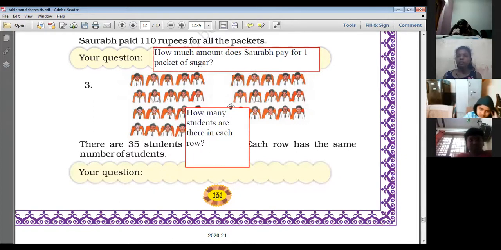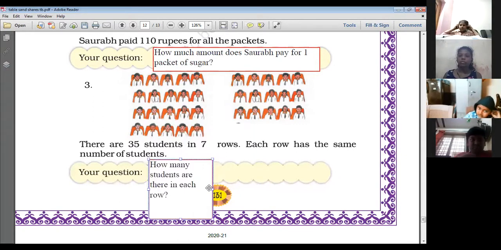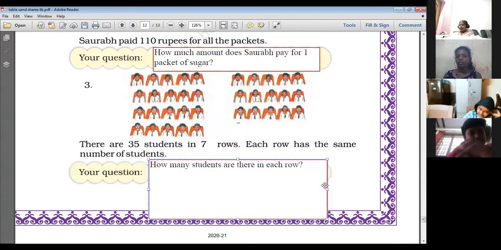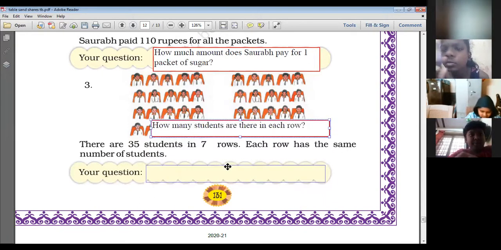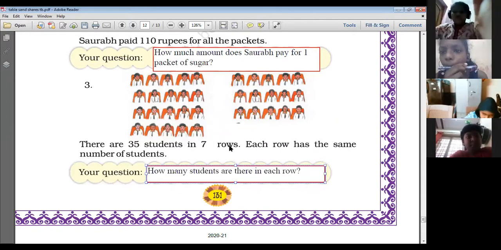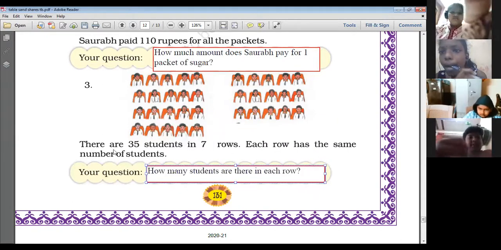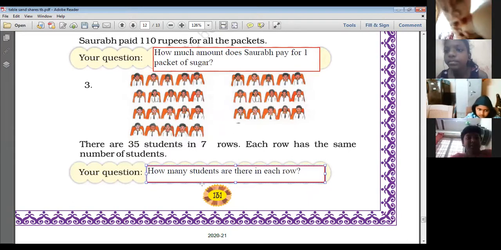How many students are there in each row? So what we have to do? Write it in your textbook. 5.